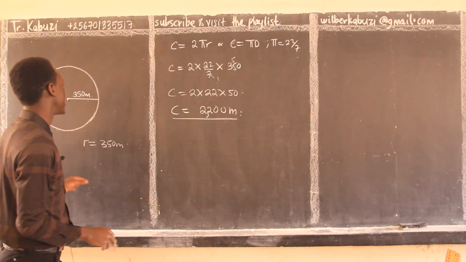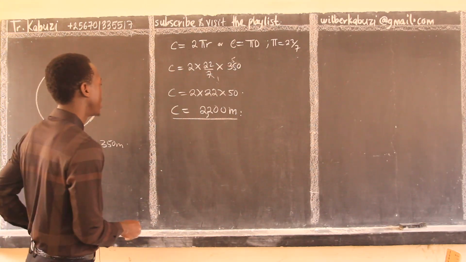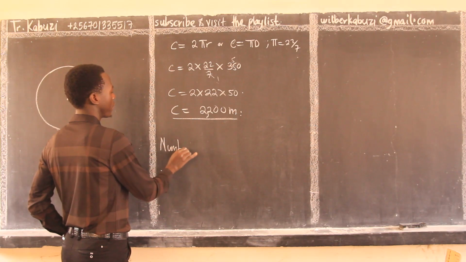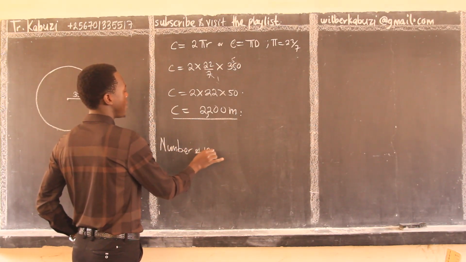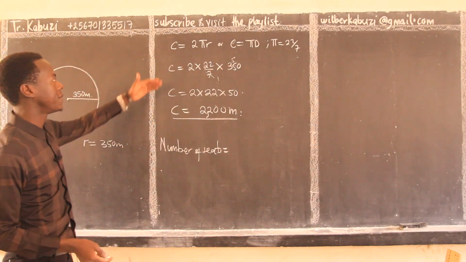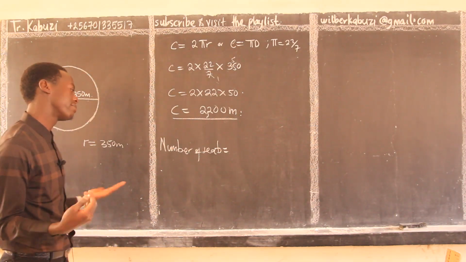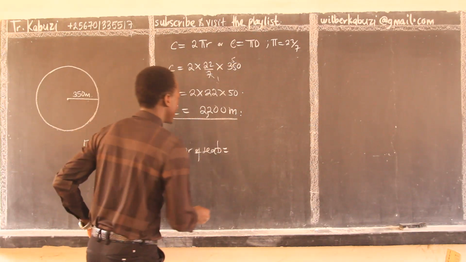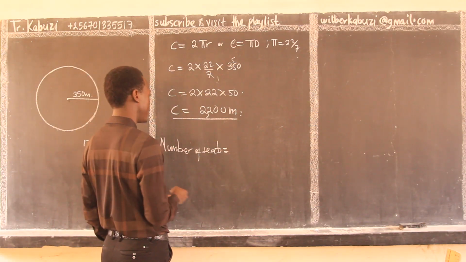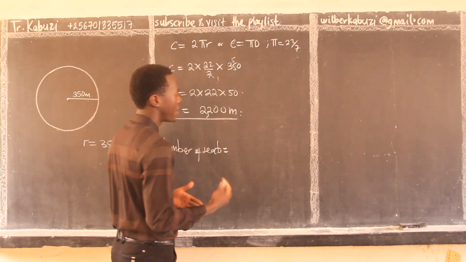I want to place seats every 5 meters. So now you come here and say number of seats. Now this is what I'm adding to make my question appetizing, because setting an activity just for the circumference looks plain. So the number of seats is going to be the outer distance over the space we want, which is a seat after every 5 meters.